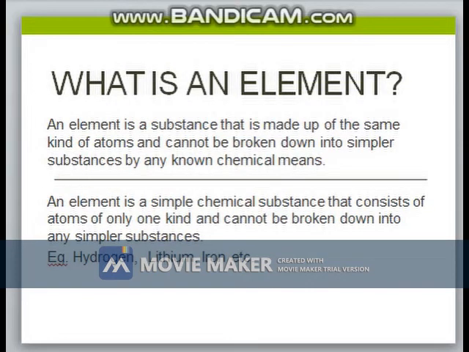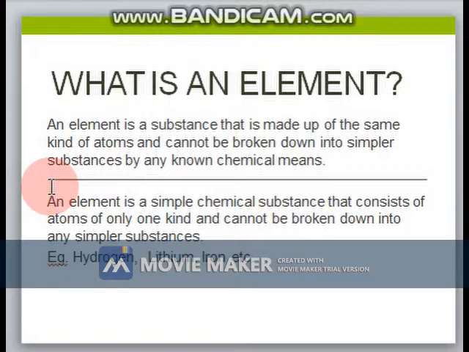That brings us to what an element is. An element is a substance that is made up of the same kind of atoms and cannot be broken down into simpler substances by any known chemical means.